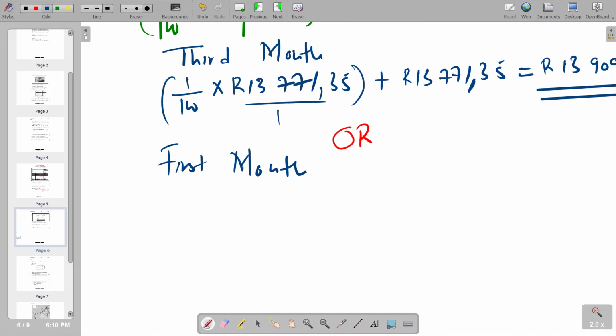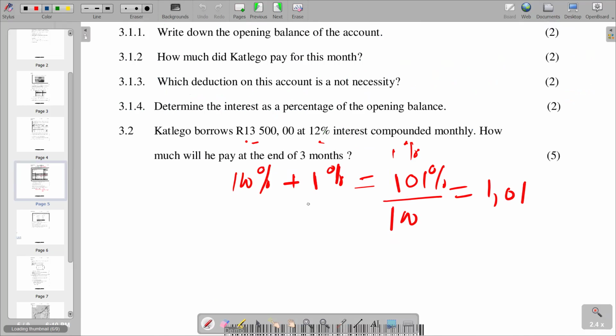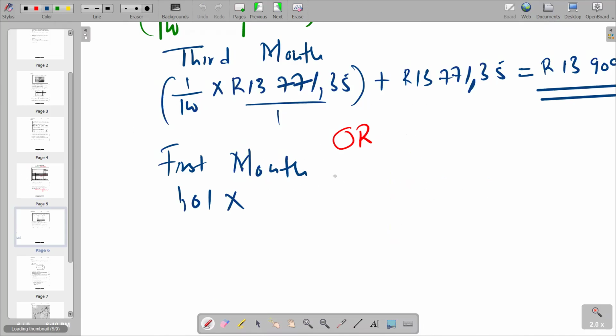So this is an alternative calculation that we can do. We are saying 1.01 times the amount that we have, which is 13,500. You calculate like that, and you see that your answer is 13,635. Then we move on to the second month.